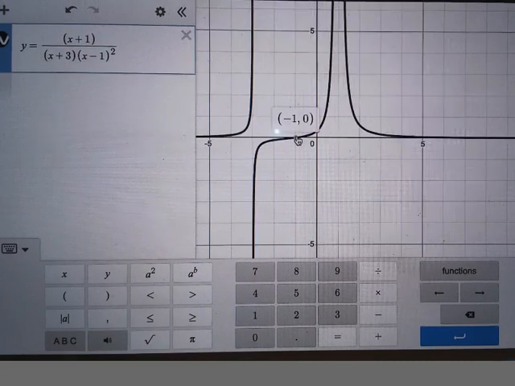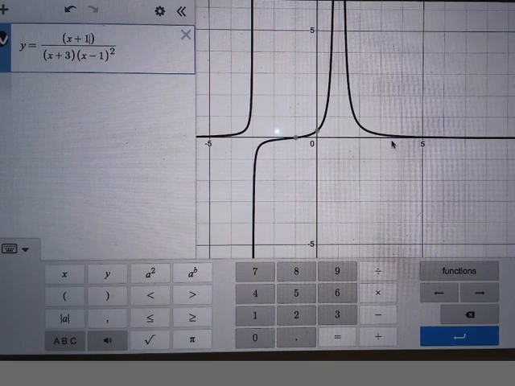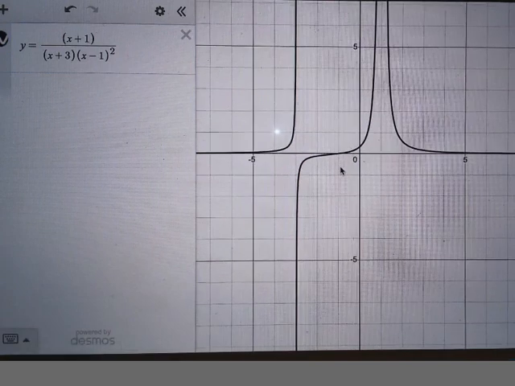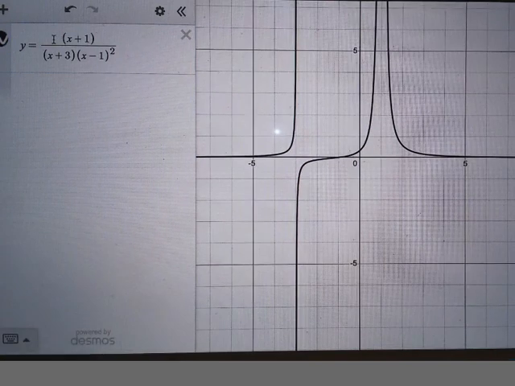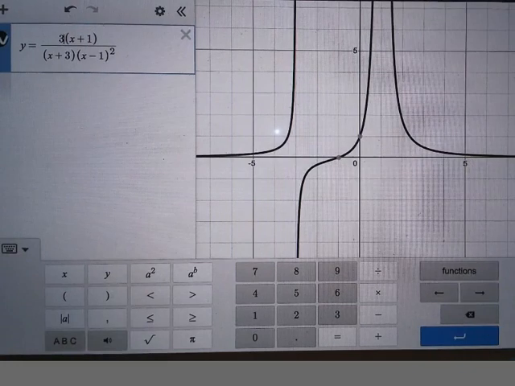And now it goes through plus 1, or minus 1, because minus 1 plus 1 would be 0. Okay, and it doesn't go through 4 anymore. That's the kind of stuff we're going to be playing with in class. And then you could adjust. For instance, right now it has a y-intercept that's pretty small. If I wanted to get up here at 1, I might have to multiply it by 3 to stretch it up a little bit. Okay.